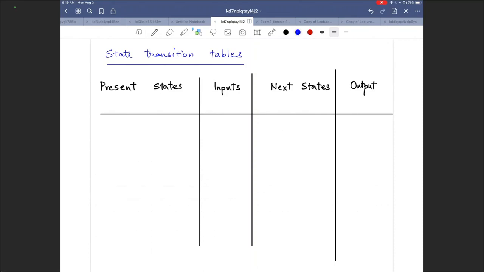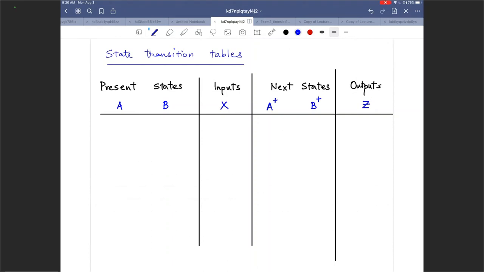It is going to be A and B. What is our input? Only one of them, X. What is our next states? A will become A plus and B will become B plus. What is our output? Well, actually, I should say outputs here because there may be many. In our case, it's just one, Z.